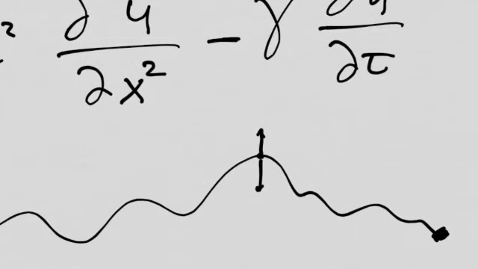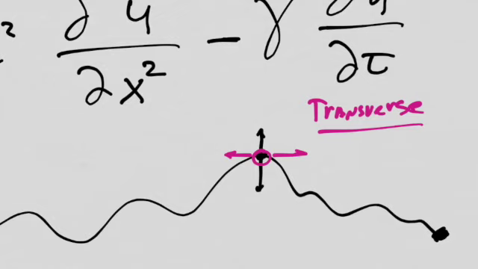We've already assumed that this point is not moving left or right, which, by the way, is not an absolute guarantee. This is called transverse, T-R-A-N-S-V-E-R-S-E. It's got only transverse motion, which would be transverse to the string.